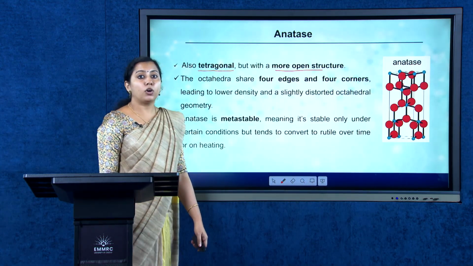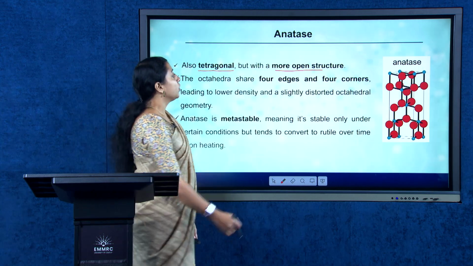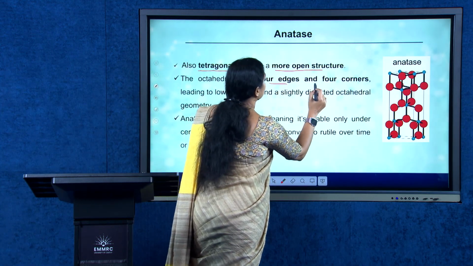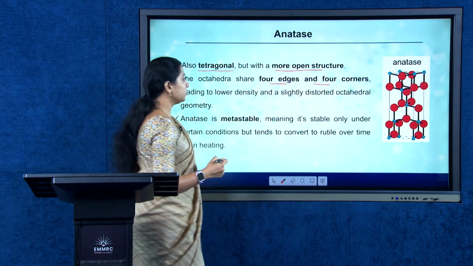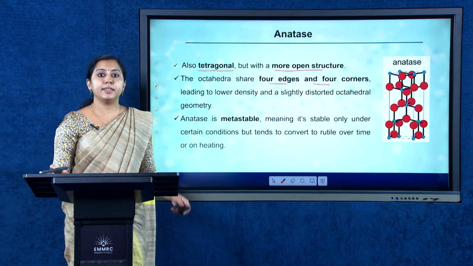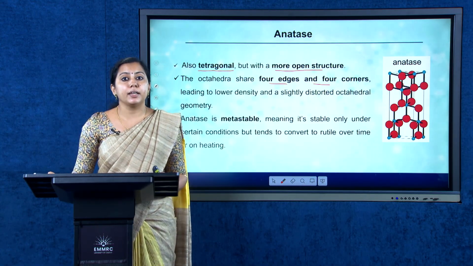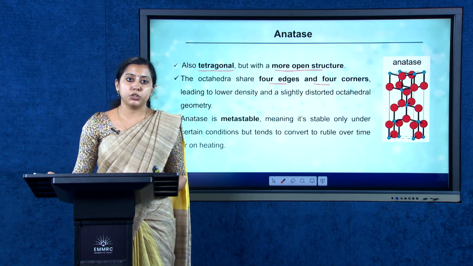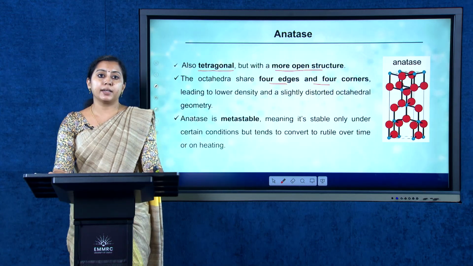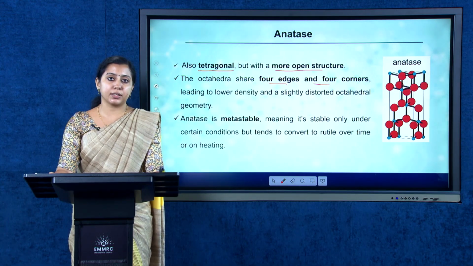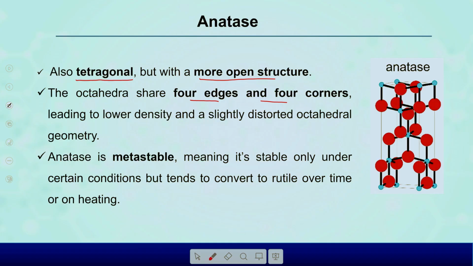Here the octahedra share 4 edges and 4 corners, leading to lower density and a slightly distorted octahedral geometry. So, anatase also has a tetragonal structure similar to rutile, but here the structure is a more open one, and the octahedra share 4 edges and 4 corners.